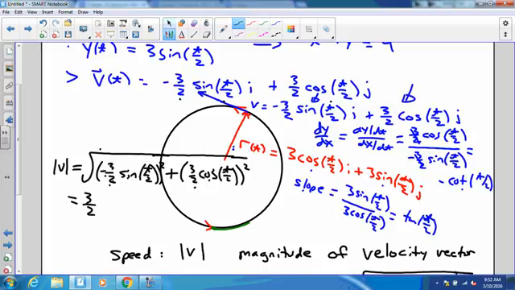If we now simplify this, something magical happens. I have a common factor of 3/2 squared underneath the radical, which I can factor out as 3/2, and I end up with sine squared plus cosine squared, which is equal to 1. So for this object moving around the circle, I'm actually moving at a constant speed, even though my velocity is not a constant vector. This is very different from our motion along a line: speed can be constant even if velocity is not.